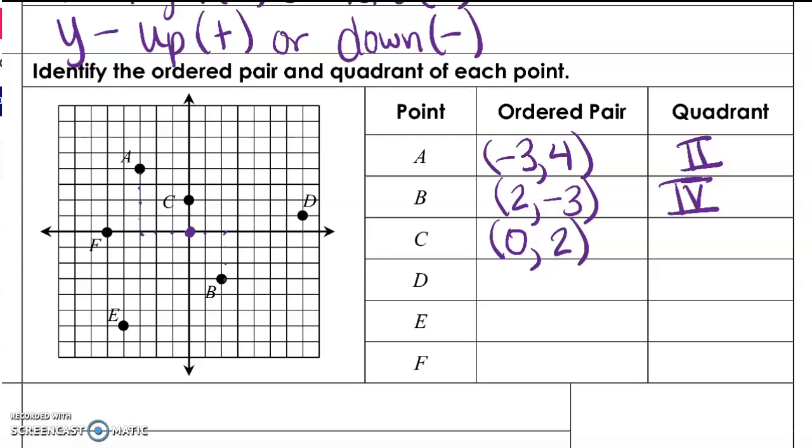So 0, 2 is the ordered pair for C. That is not in a quadrant, that is on the y-axis. Even though it asks for a quadrant, if it's on an axis, you put which axis it is on. Point D, we're going right, 1, 2, 3, 4, 5, 6, 7. So our x is 7, and then up 1. So 7, 1, we are in quadrant 1.